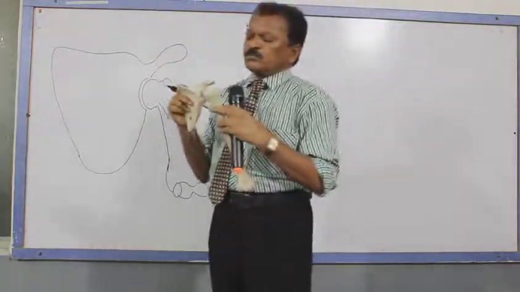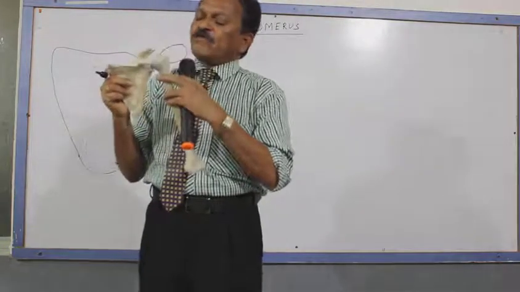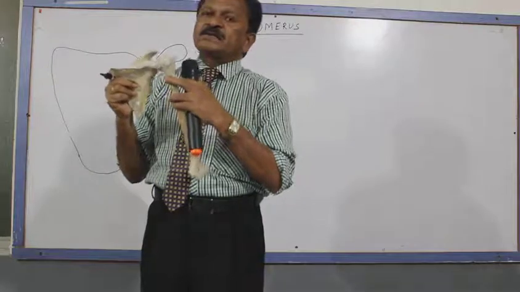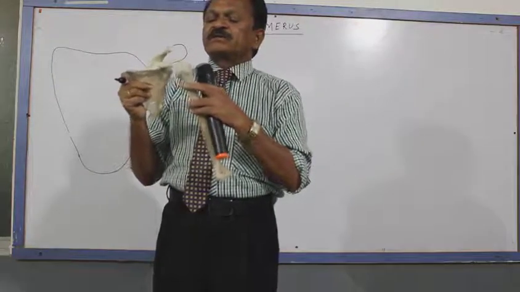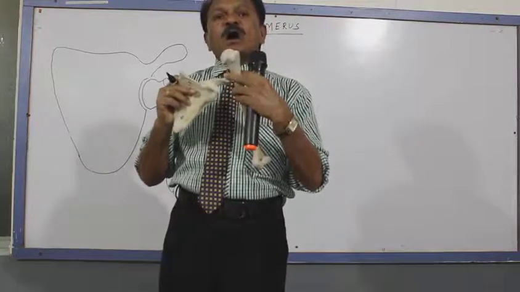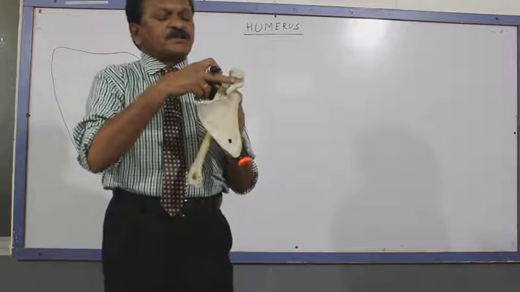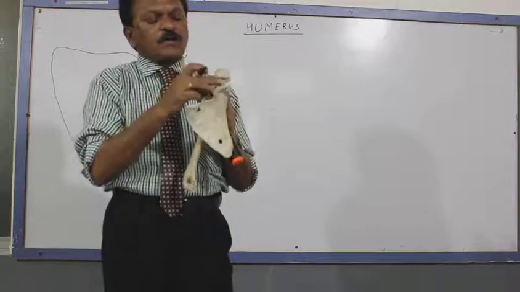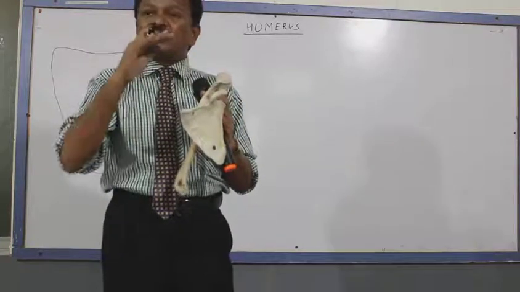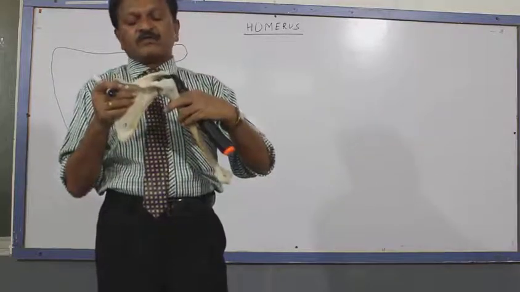If you go superiorly there is the coracoid process on the anterior side, and the acromial process, and in between there is the coracoacromial arch. The coracoacromial arch, present between the coracoid process and the acromial process, prevents the upward dislocation of the head of the humerus.